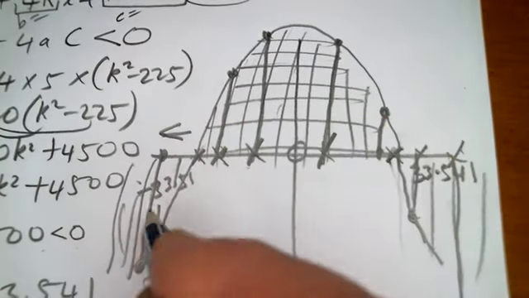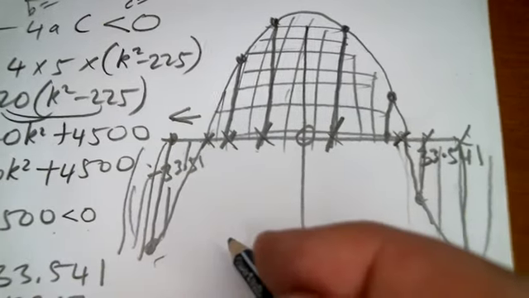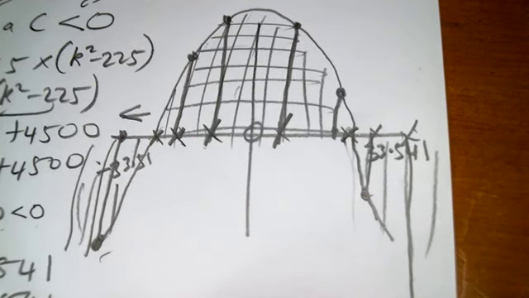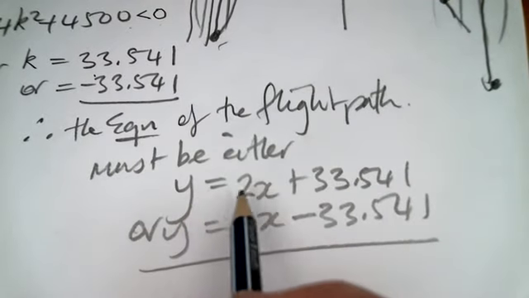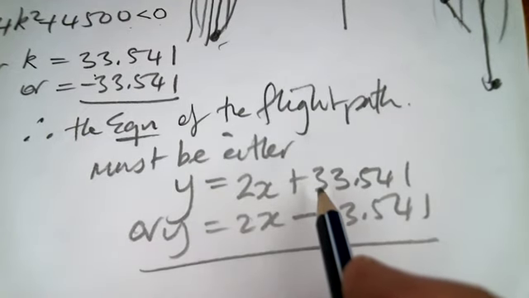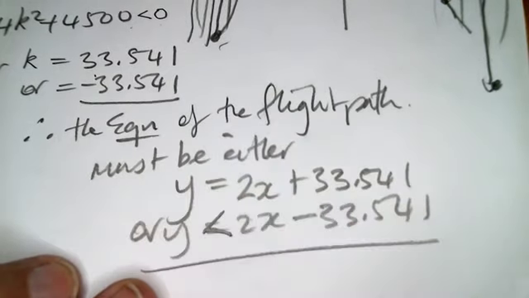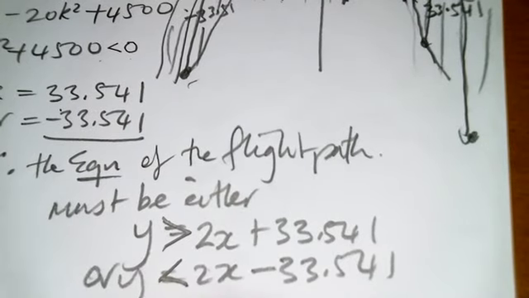So it must be less than negative 33.541. Actually, looking at this, we want it to be less than that. So I would say either y is less than this thing here, or y is greater than that thing there. And now that would be true.